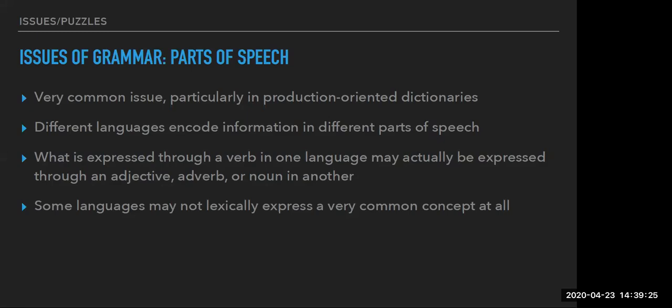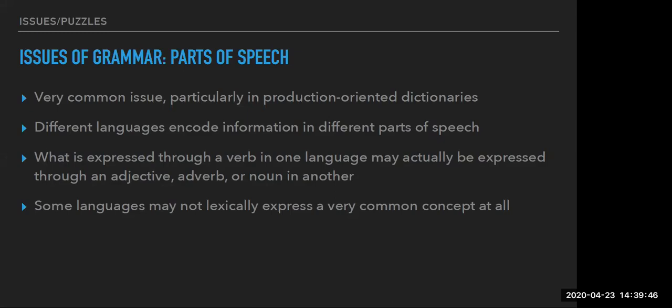Production-oriented dictionaries usually give word equivalents. When you have a word equivalence dictionary, you don't have the space to explain the differences. So this becomes a very important issue.